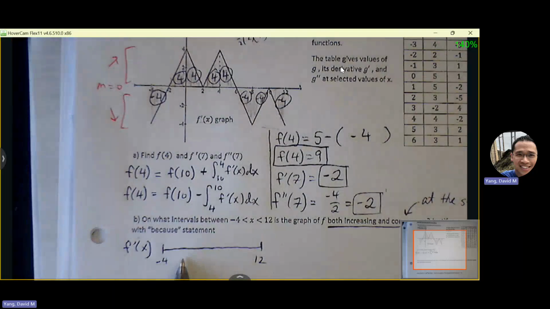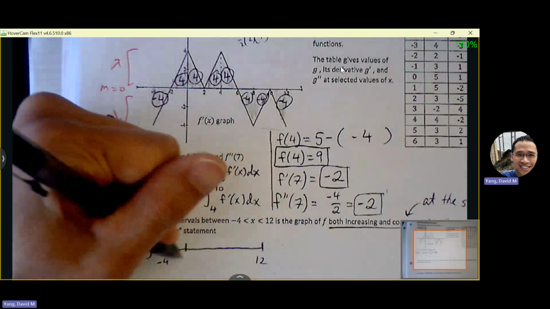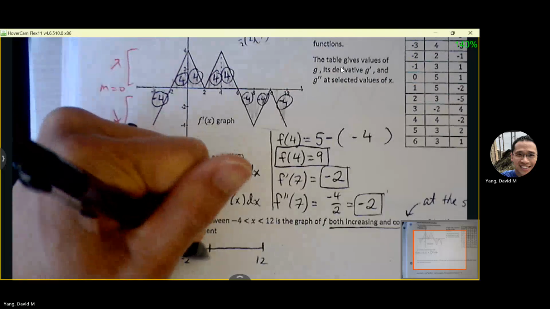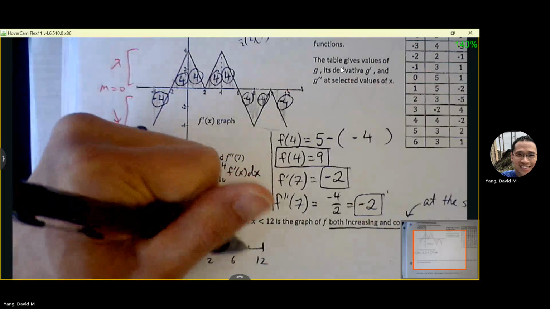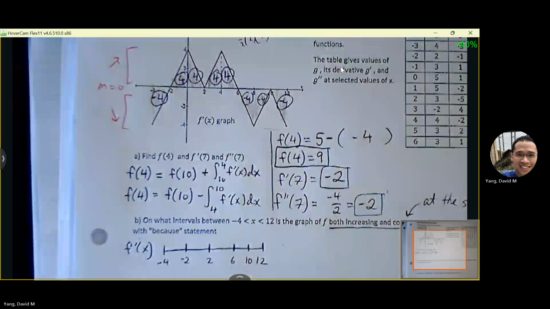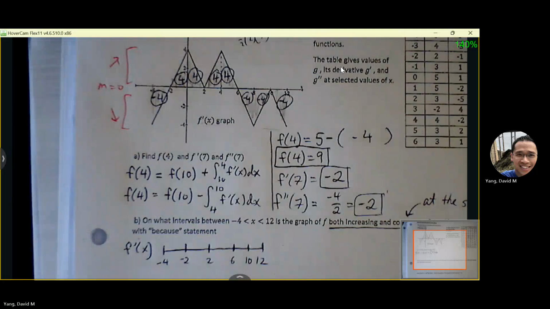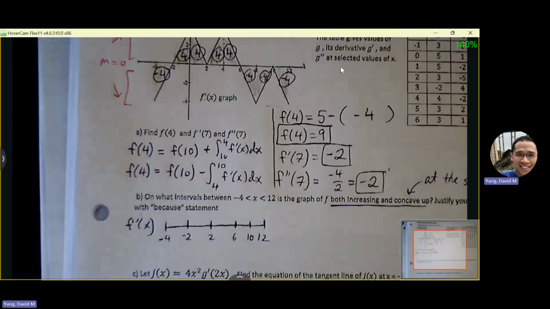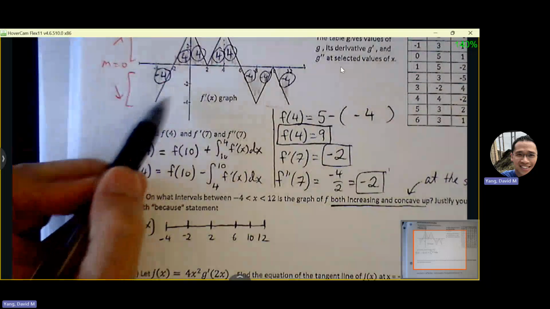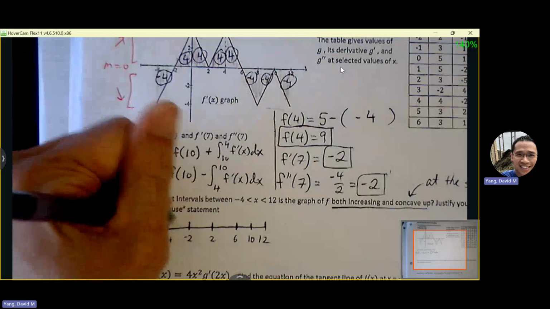So start off with our x-intercepts, -2, 2, 6, and 10. Okay. We start off below the x-axis, so we start off with a negative slope.